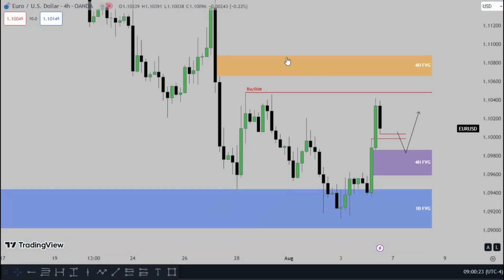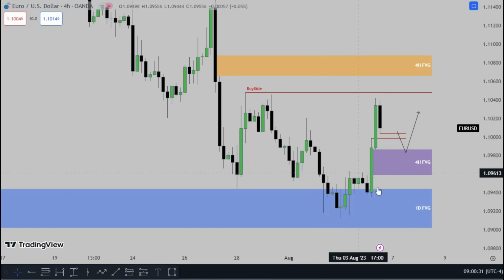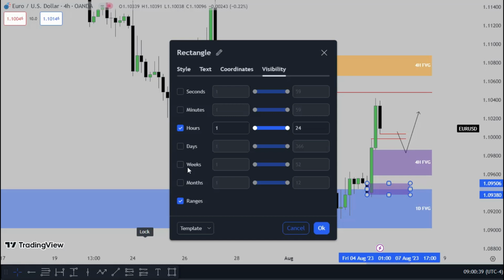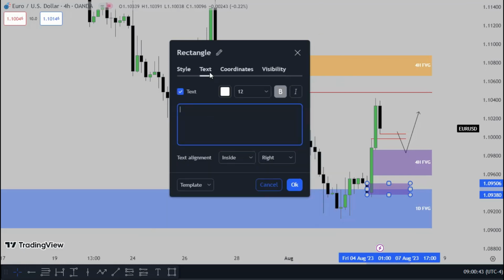So until price reaches this zone right here, I'll continue to remain bullish, and my bias is gonna stay the same unless we violate this propulsion block right here, which is an order block that closes above the previous order block. It doesn't close below 50% of that order block, if that makes any sense.